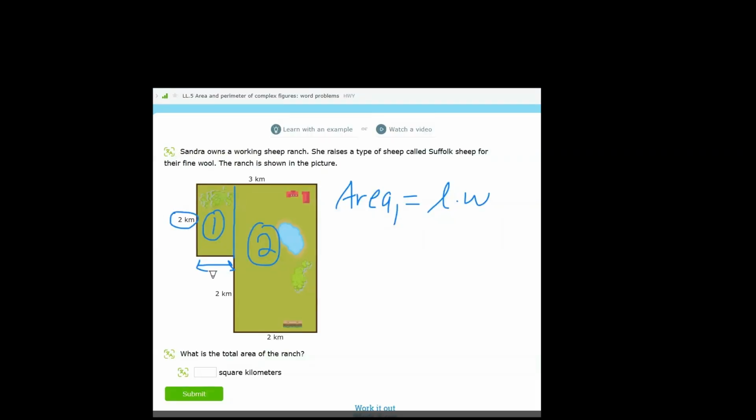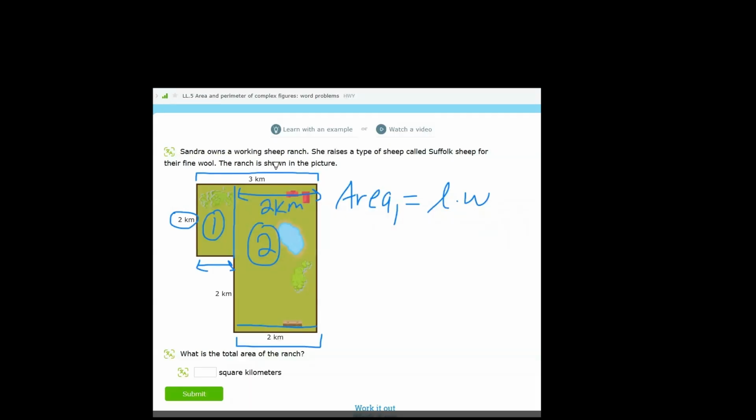Maybe we can figure out this length. Well, we know that the whole thing up top here is 3 kilometers. And we know that this portion here is 2 kilometers. So that means over here, this portion must be 2 kilometers as well.